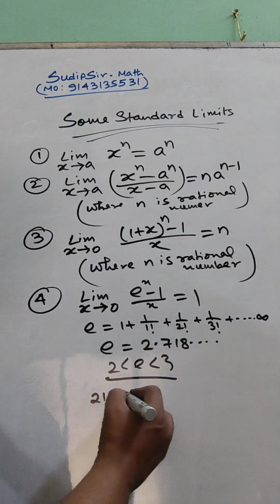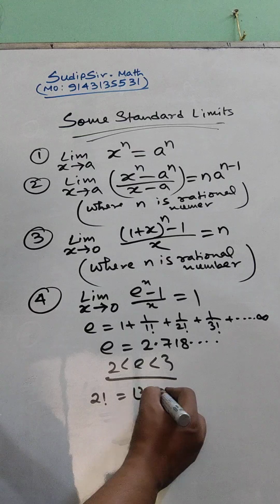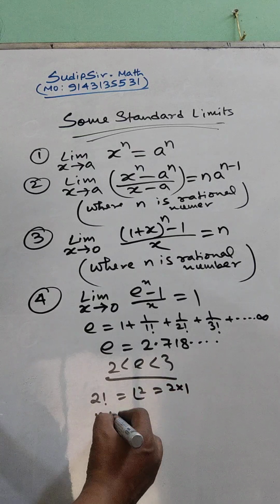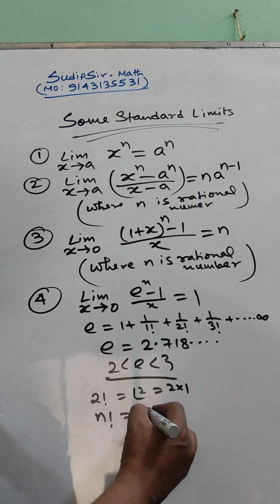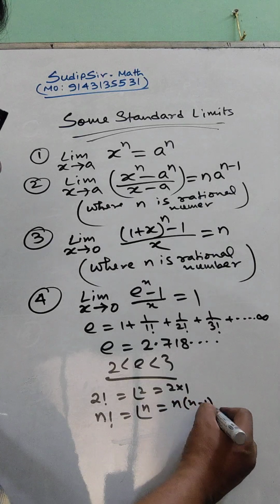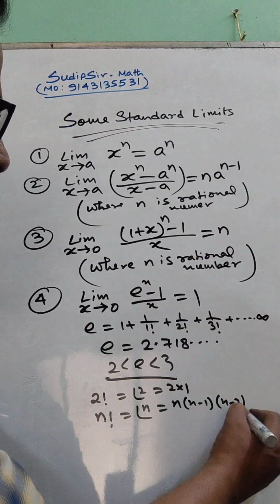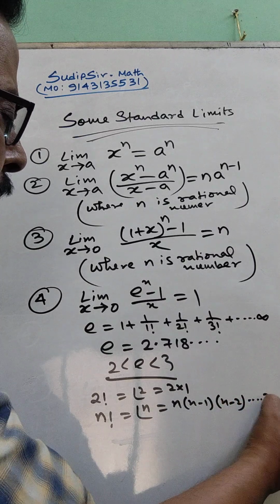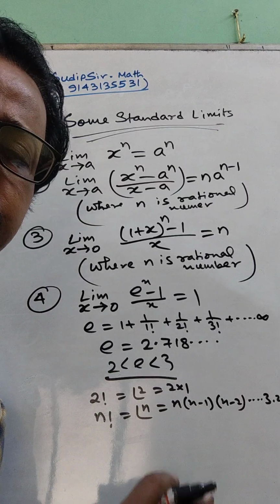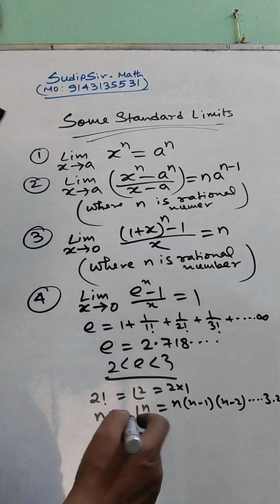Here these are factorials. So 2 factorial can be written as 2 into 1. Now n factorial, or factorial of n, can be written as n into (n minus 1) into (n minus 2) and so on down to 3, 2, 1. We will use this for permutation and combination.